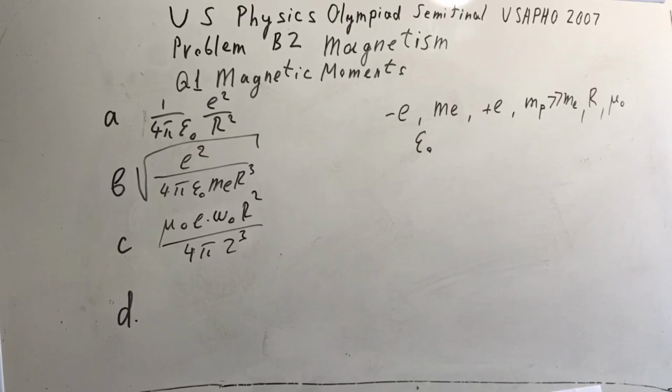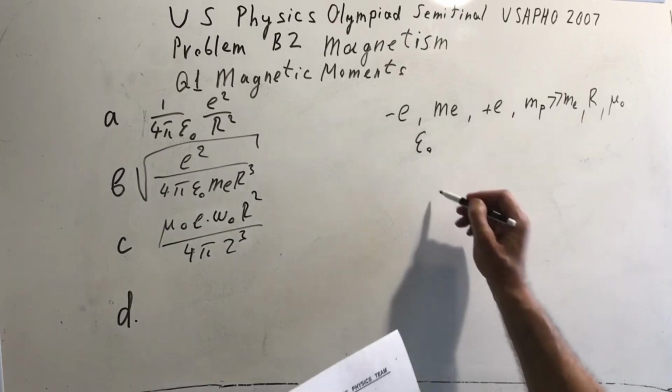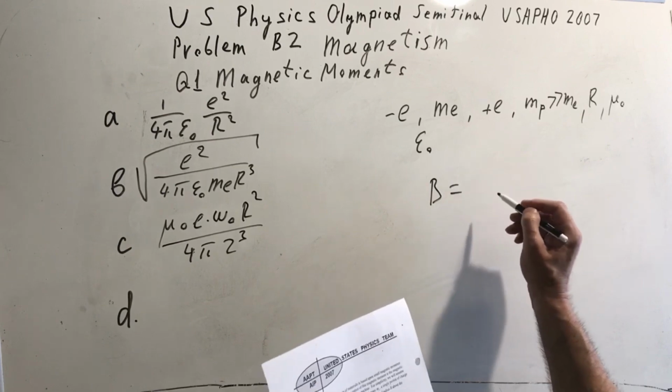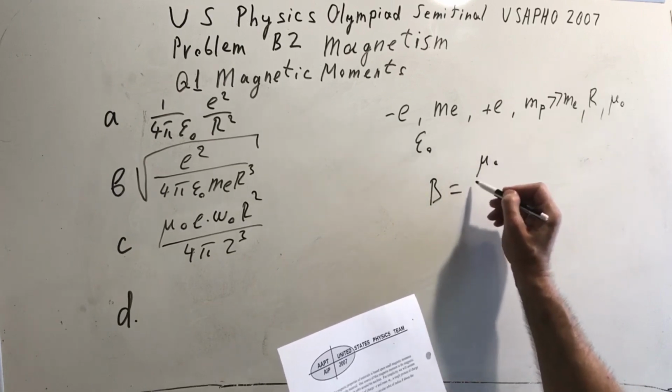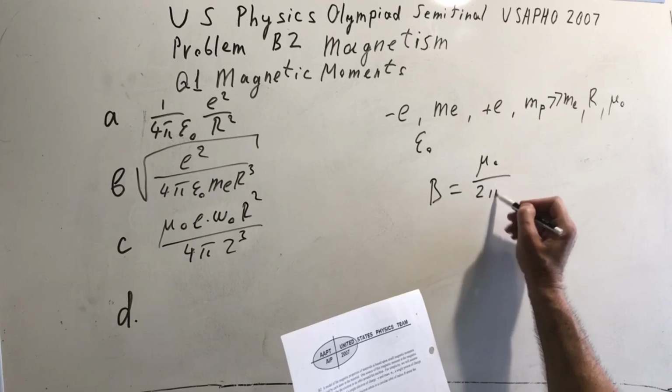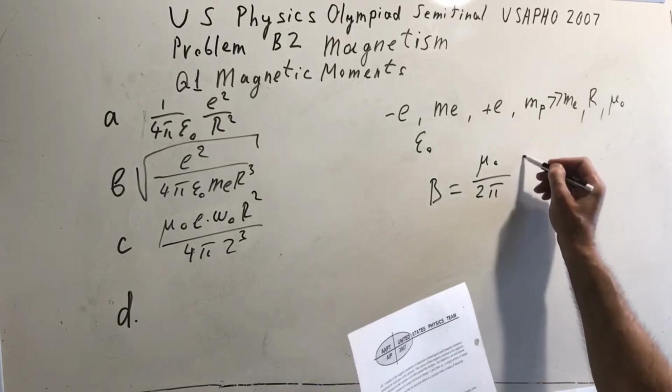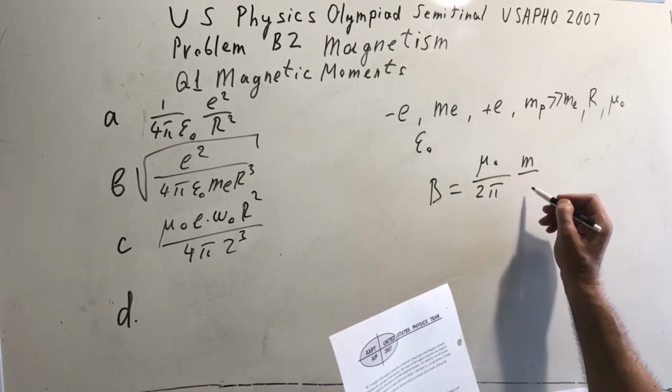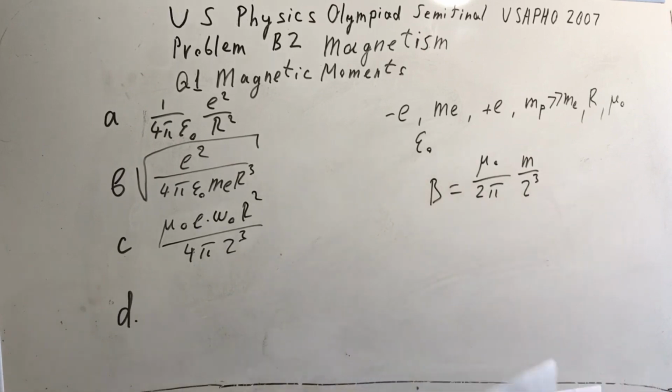And question D. A small bar magnet has a magnetic field far from the magnet given by the formula B equal to mu 0 over 2 pi m over z cube, where z is the same distance as in the previous part, so it's on the axis connecting the north and the south poles.